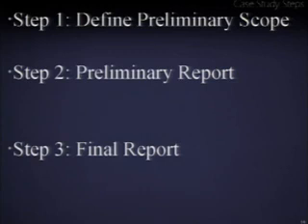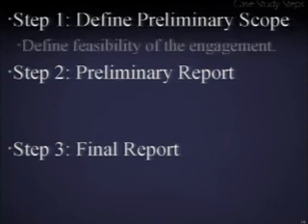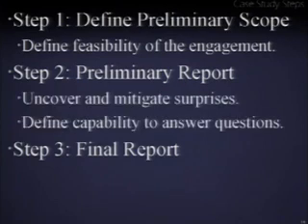So very often we'll begin the engagement with an estimate of work that tells them what kind of things we know we can do without having any information about what's in the data in advance. So we'll provide a preliminary scope of work, and it'll tell them what's feasible, what we know we can do with the tools, what we can do quickly, and generally it will provide them a preliminary report.